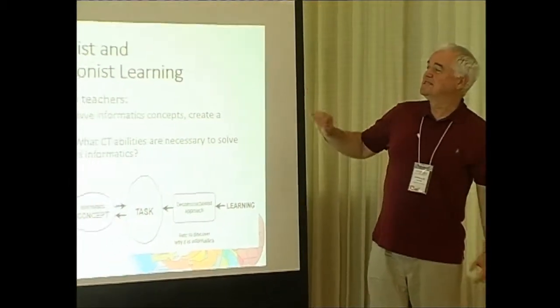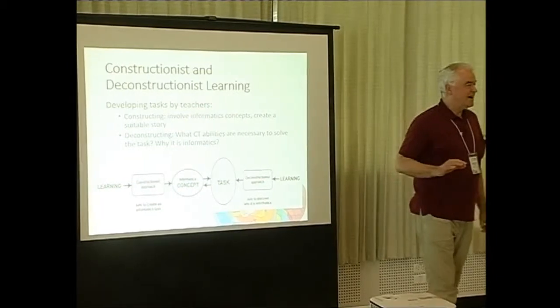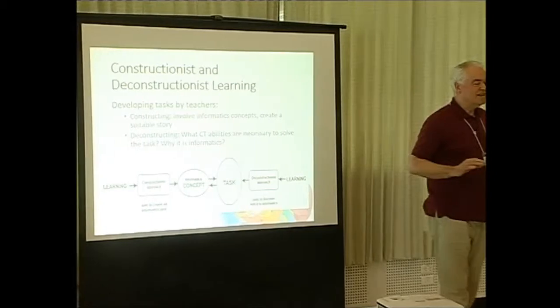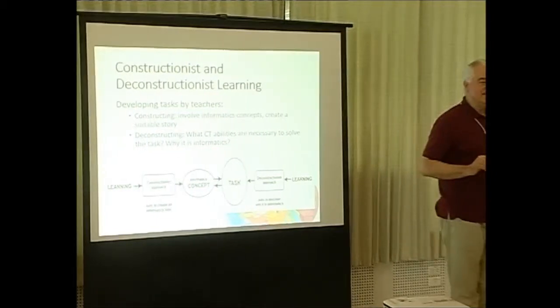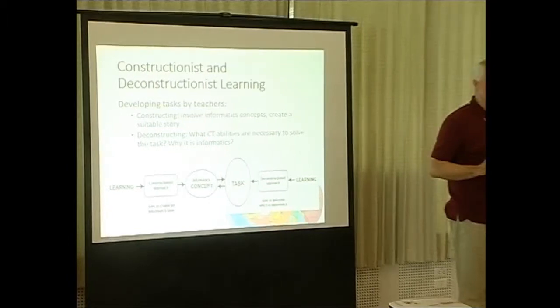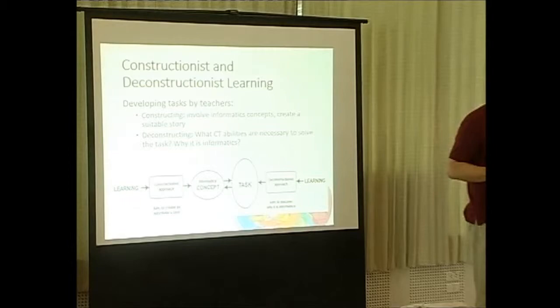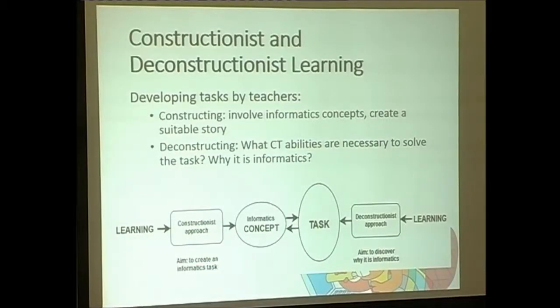Because we are constructionists here, we try to have constructionist elements in this Bebras concept. For example, if the students have to solve a task, a good task should have different ways to solve it.